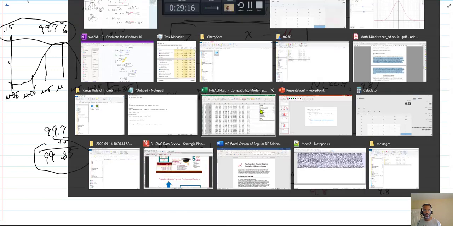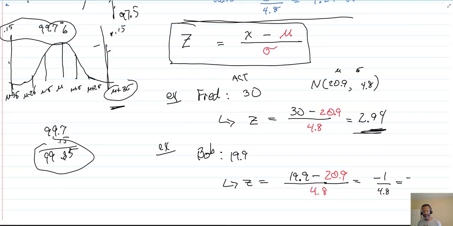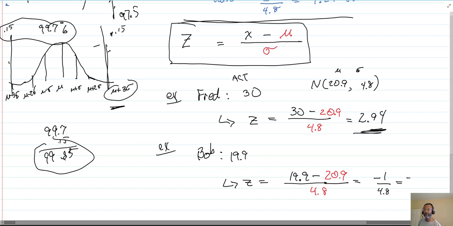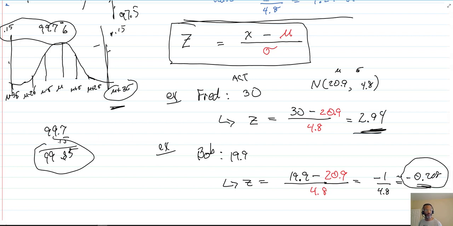And that z-score value is going to be 1 divided by 4.8. So 0.208. So if I round off, it becomes an approximation. So I'll say approximately negative 0.20833333. So since Bob's score is beneath the mean, it's a negative z-score.